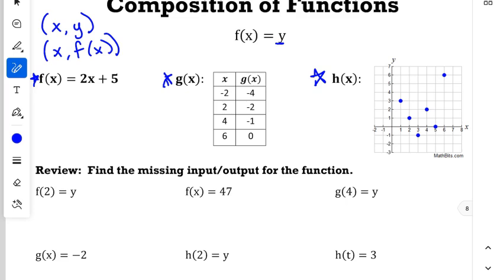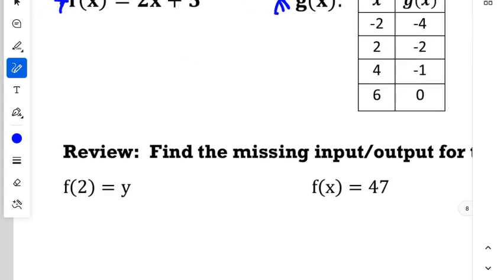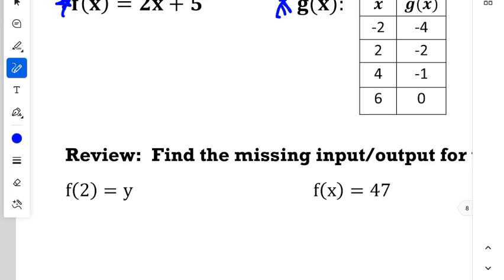So the first one is f of 2 equals y. So there's our f function, 2x plus 5. So it's saying that x is 2. And it's wanting to know what y is. So f of 2 is found by plugging in 2 for x. So 2 times 2 plus 5, because this is our x.